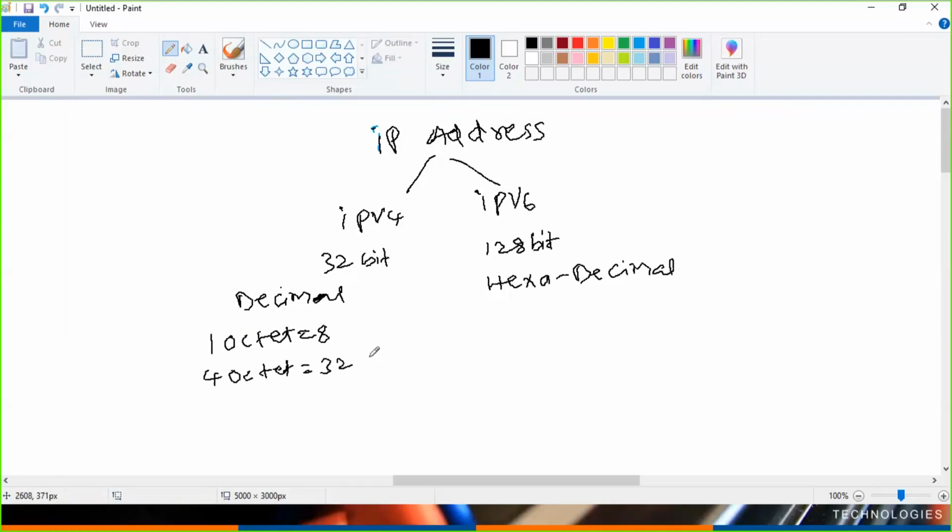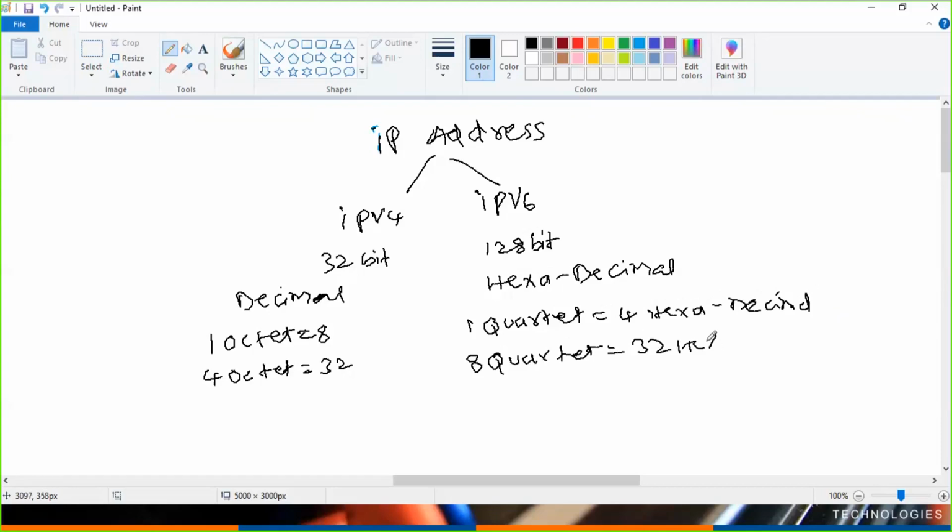What about IPv6? The 128 bits are divided into quartets. In IPv4 we call it an octet, in IPv6 it is a quartet. One quartet is 4 hexadecimal digits. IPv6 has 8 quartets, having 32 hexadecimal digits.